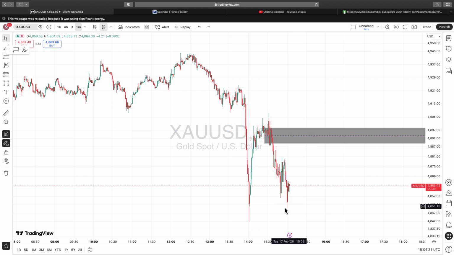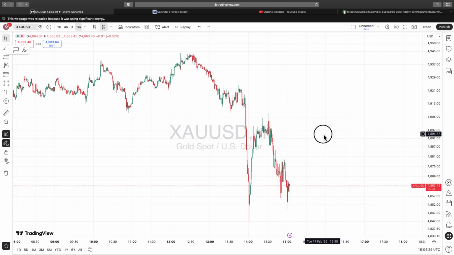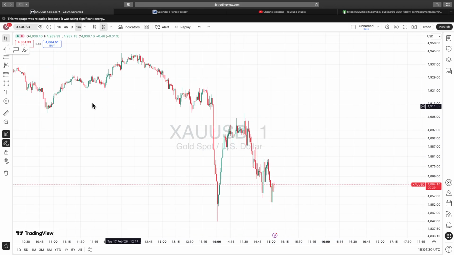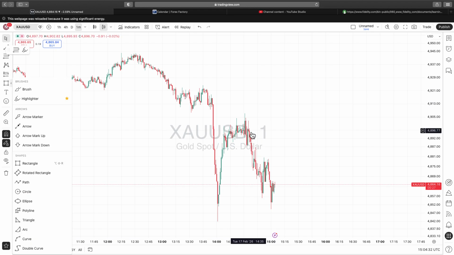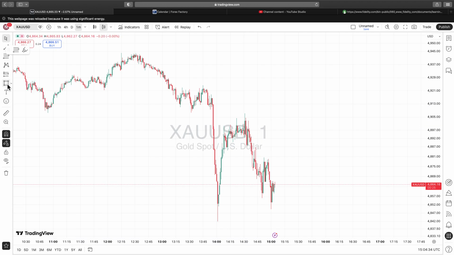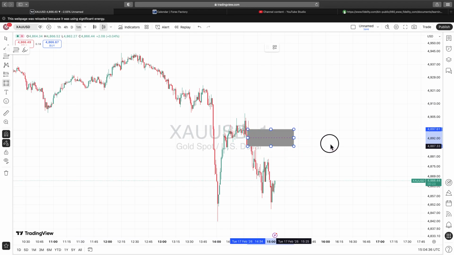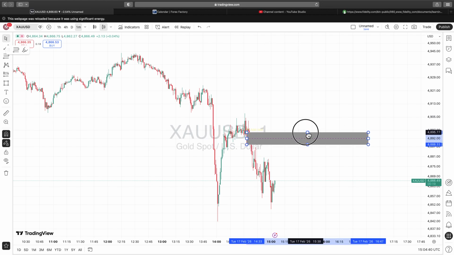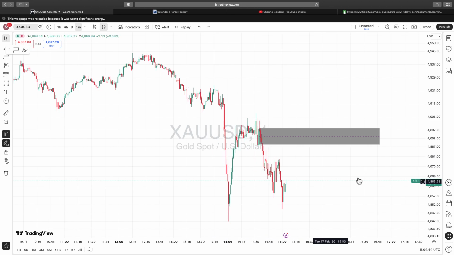Now, if the market is actually going for that demand, we should be waiting for the market to come and sweep these liquidities, because you can see the last candle before any market movement, this is the last candle that the market actually did. So you can mark all of it, because now that is a zone.